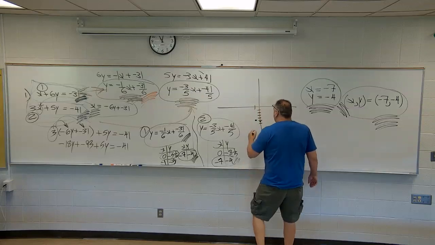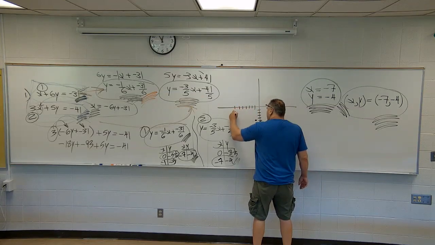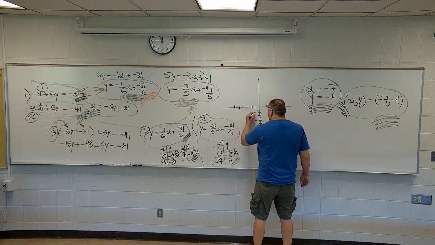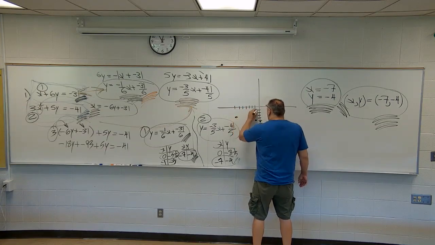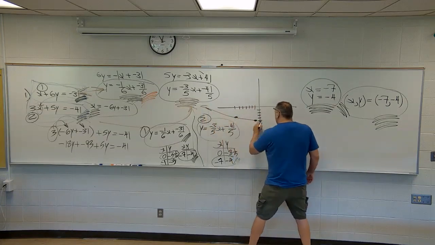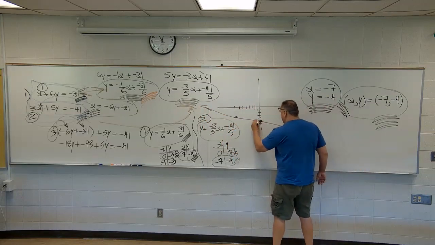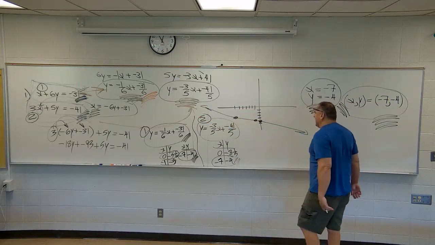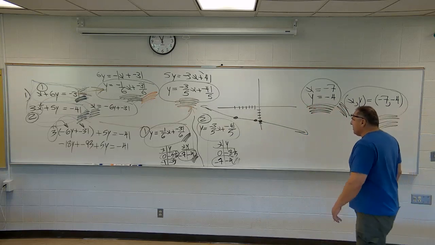And negative 7 comma negative 4, negative 1, negative 2, negative 3, negative 4, negative 5, negative 6, negative 7, comma negative 4, 1, 2, 3, 4, something like that. Any 2 points determine a line, you guys. This is by far not a good drawing, but it's roughly indicative of a line. It's doing a little bit of curve I don't want it to be doing, but there you go.